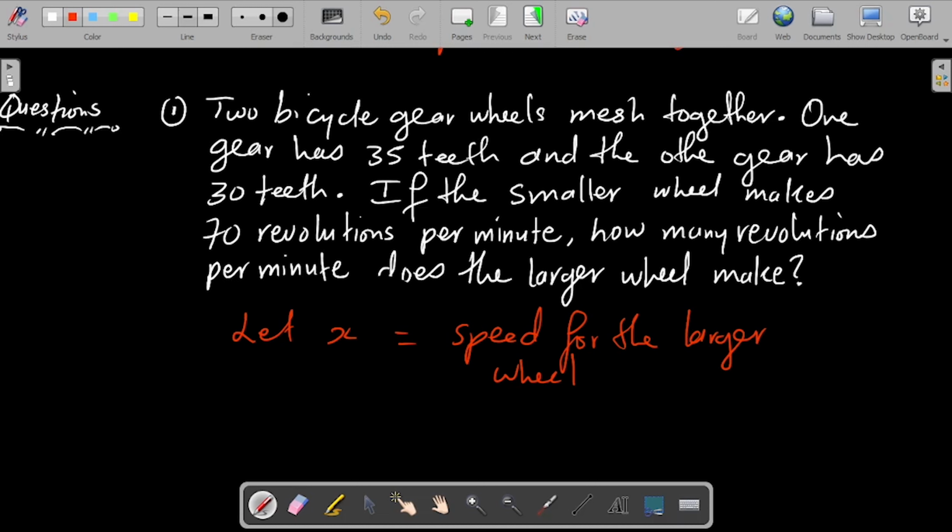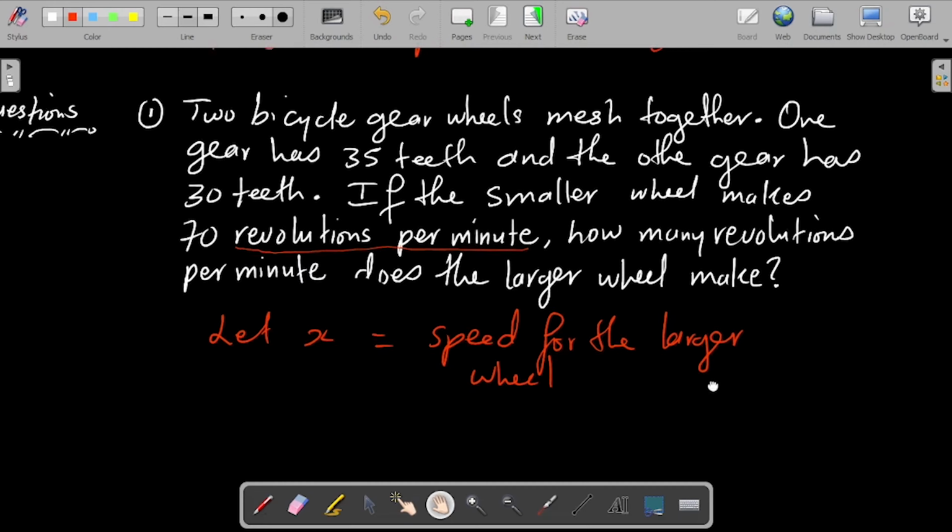And revolutions per minute is the unit for speed. So 70 revolutions per minute is the speed for the smaller wheel. For the larger wheel, we have to find the speed, so we're going to let the speed for the larger wheel, which is unknown, be equal to x.